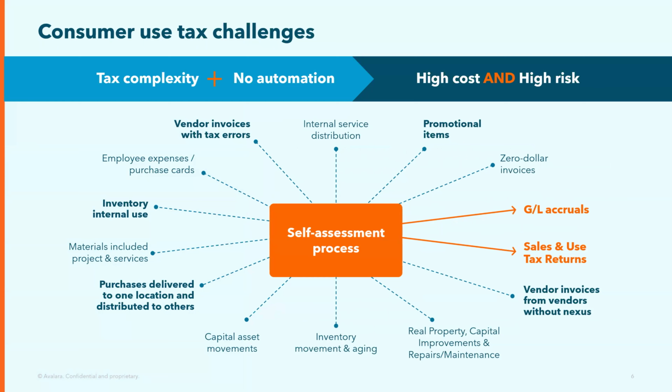For example, maybe you as an organization are encountering tax errors on vendor invoices, or receive vendor invoices from vendors without Nexus, but you as a buyer know that you have Nexus in a state, or even encounter inventory movement and usage challenges, say if you're in the manufacturing or construction industries. All of these challenges when trying to self-assess consumer use tax can result in the following. It can be very resource intensive, very manual, and very costly.